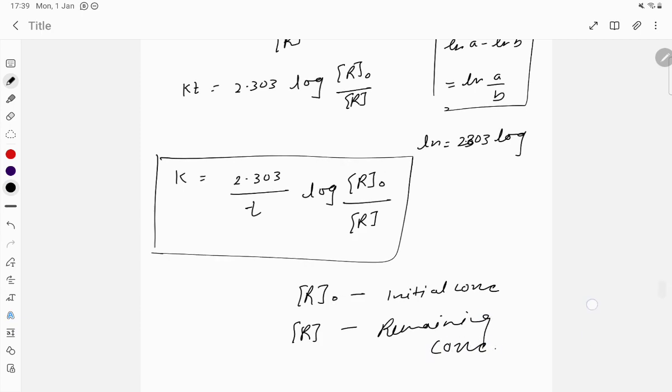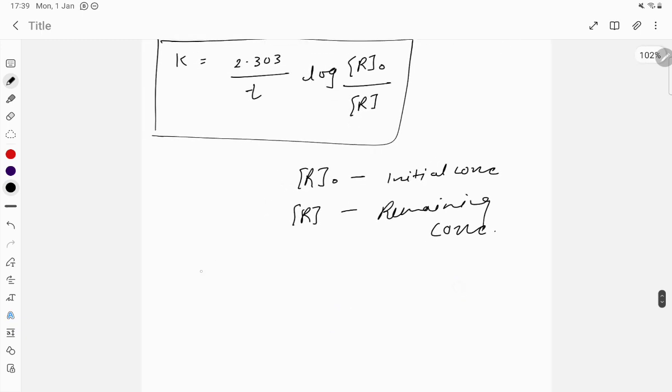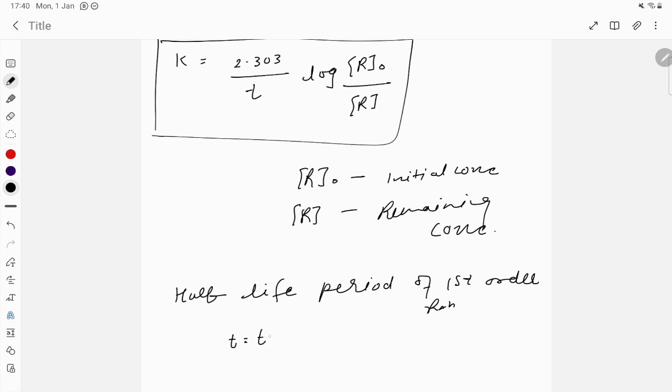Now we are going to understand the half-life period of a first order reaction. So t is equal to t 1 by 2, and R is equal to R naught by 2.